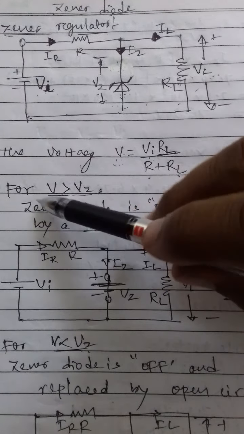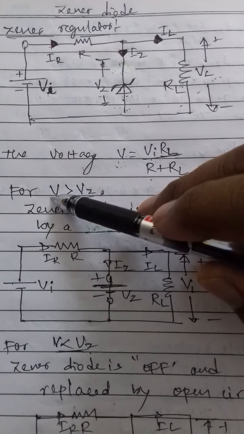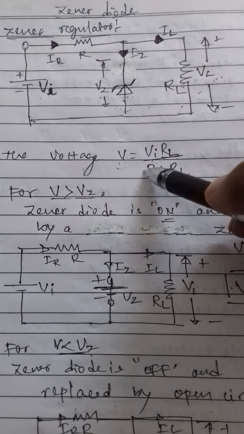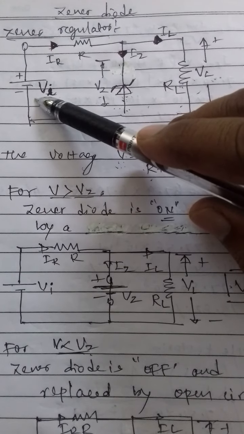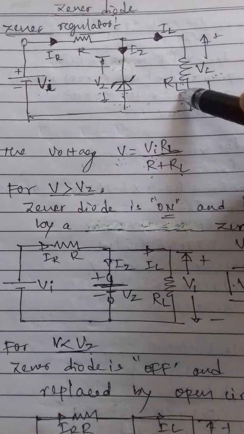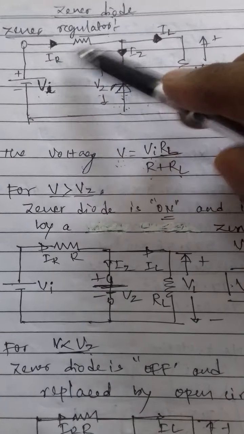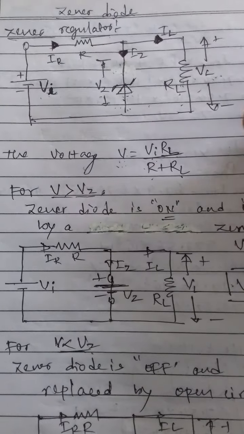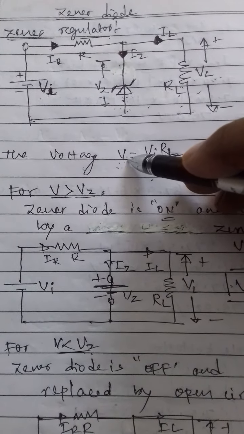First of all, we can determine the voltage V, because we know the input voltage which we will be applying, and we know the load resistance and the resistance in series with that input voltage.